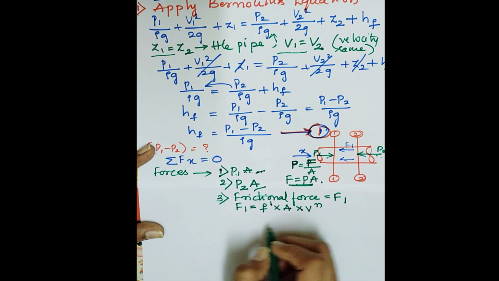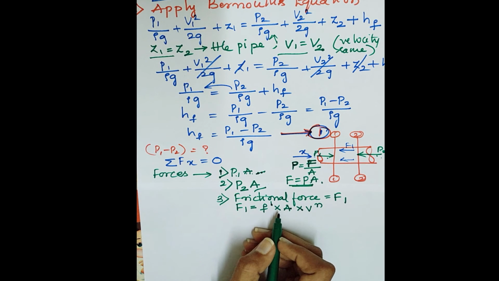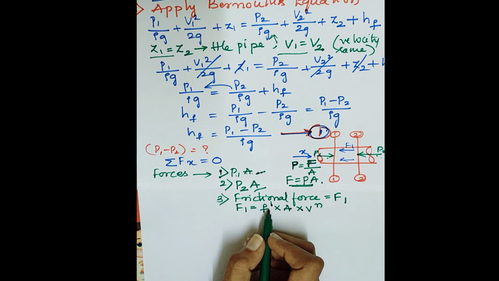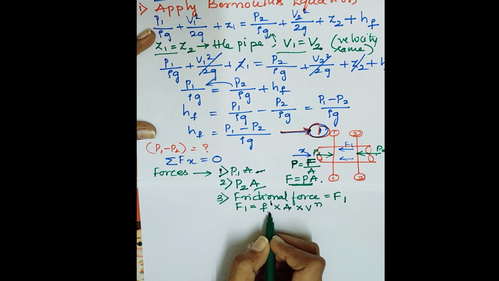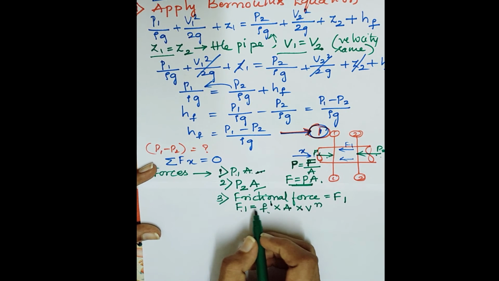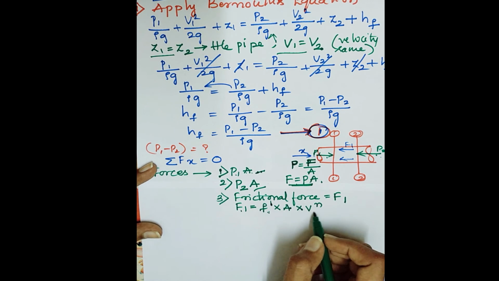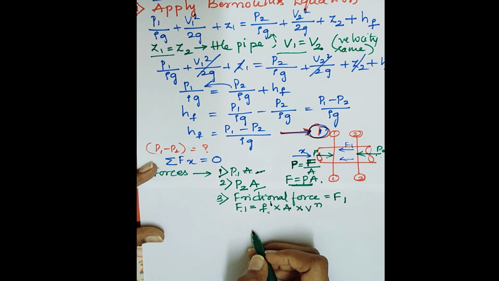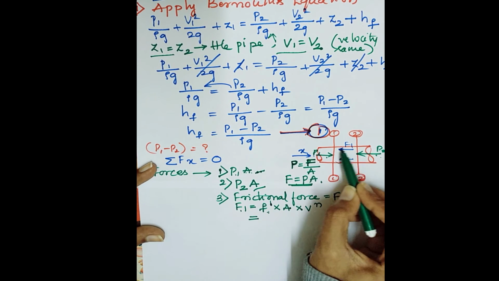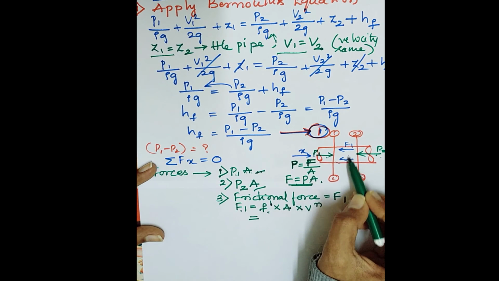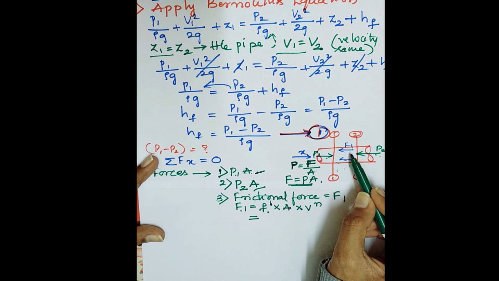Frictional force is given by the frictional resistance, that is F dash, which we considered initially. As you see here, frictional resistance we have considered F dash. So the frictional force F1 is equal to F dash into area into velocity to the power n. Here we have to consider only the area of the flow between section 1 and section 2.